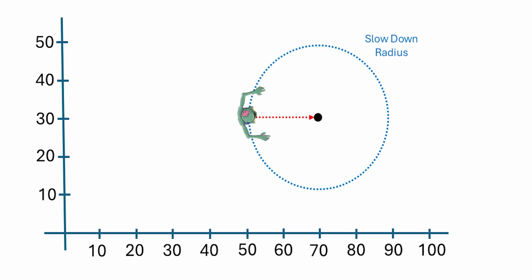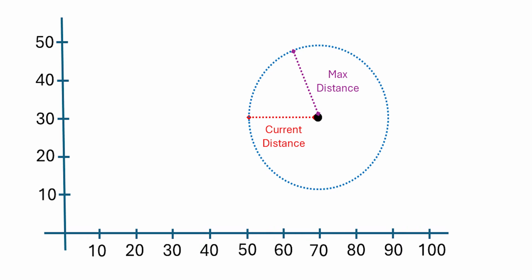At the point we are within the slowdown radius, we need to calculate a speed modifier. And we do this by calculating how far away we are and comparing it to the max distance, which we already know because it's the same as the radius. Our speed modifier is simply our current distance divided by the max distance.